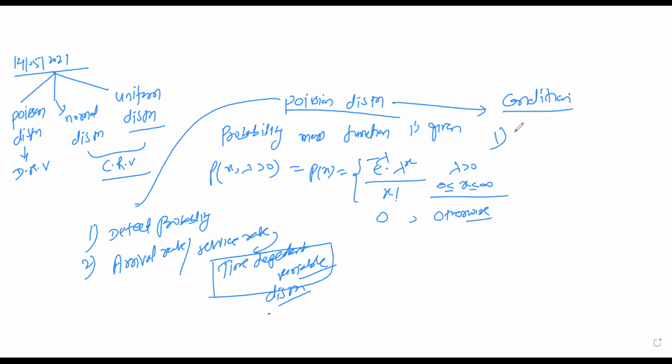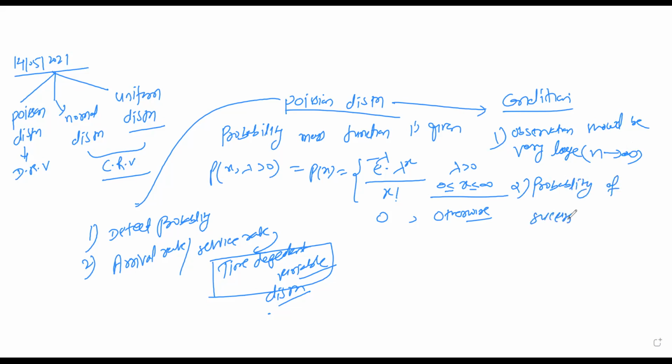And there are conditions for when we can apply a Poisson distribution. The condition is that the number of observations should be very large, it means n tends to infinity. And second, the probability of success should be very small, means p tends to 0.